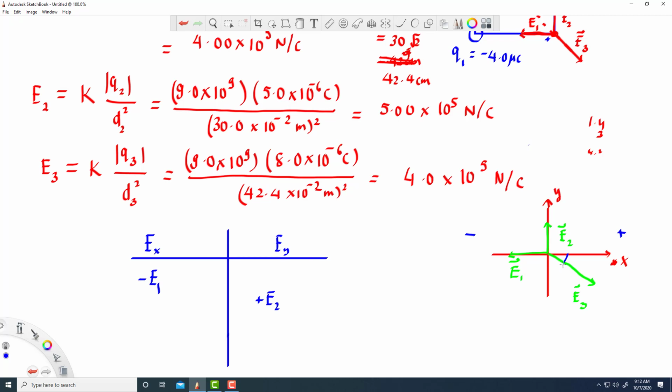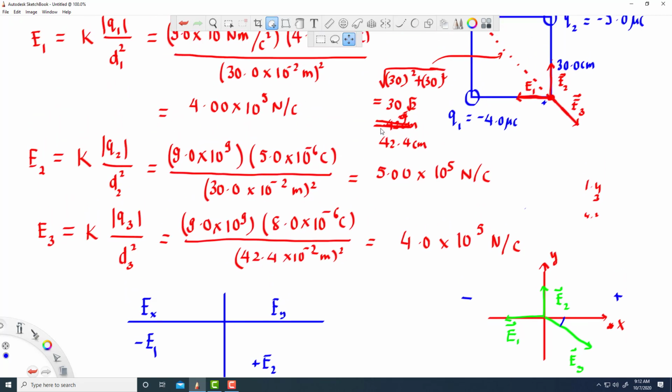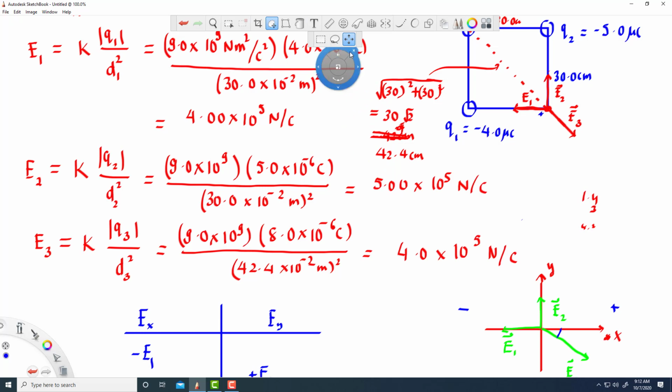So what's that angle? Let's go back to the diagram up here. We want this angle, which is also equal to this angle, because they are vertically opposite angles.